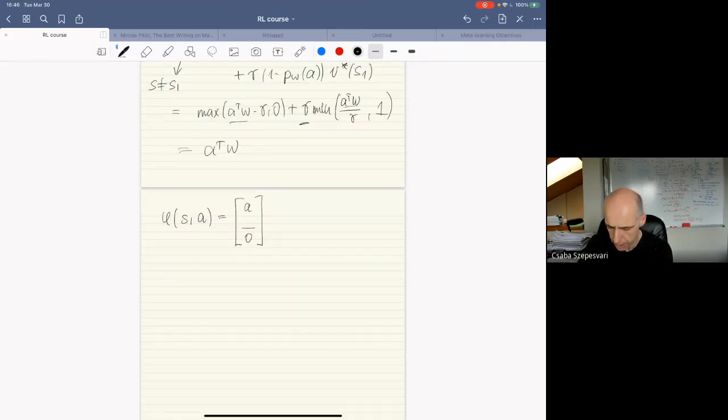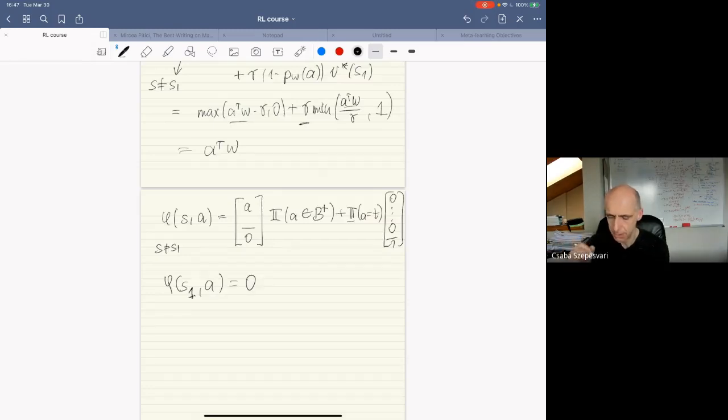And so this is when the action A is in the positive quadrant, and otherwise, when you have this other action, basically this terminating action, then we just have a 1 there. And this is for S not equal to S1. And when the state is S1, then you just choose the 0 feature vector.